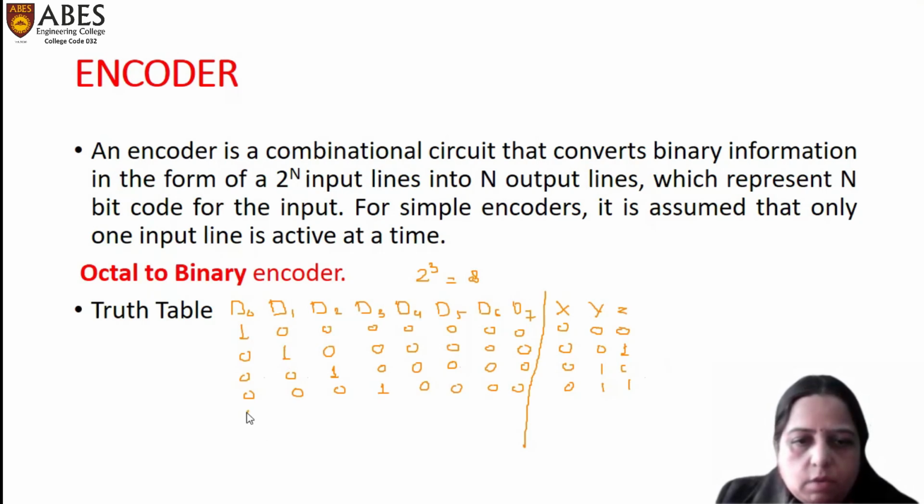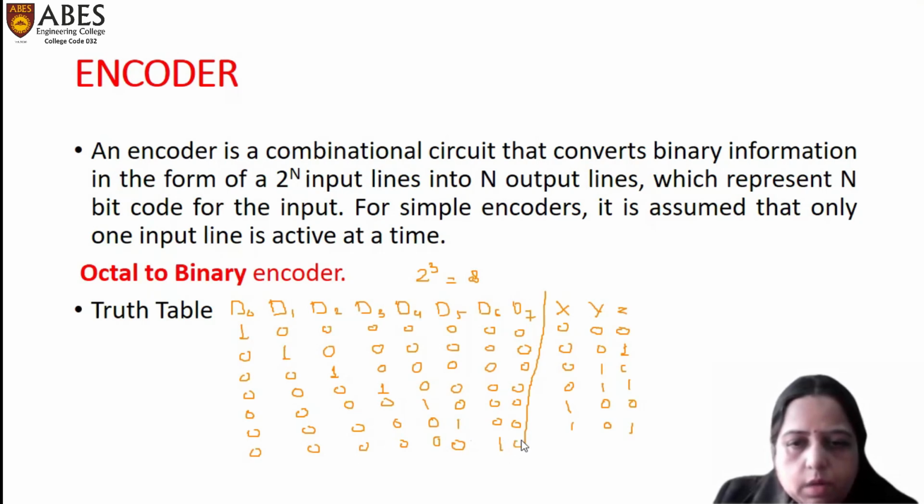Then in the next case, D4 will be 1, and therefore the binary equivalent will be 1, 0, 0. For the next case, D5 will be 1, and the output is 1, 0, 1. Then we have D6 as 1, and therefore the output will be 1, 1, 0.